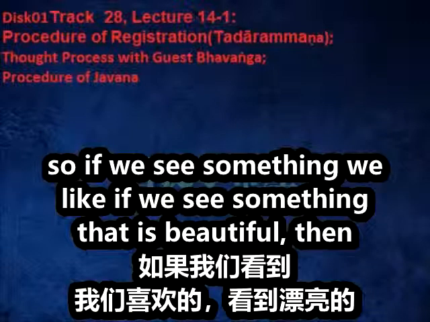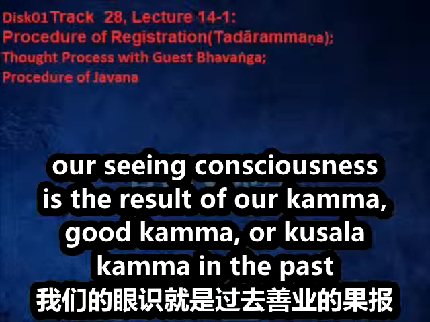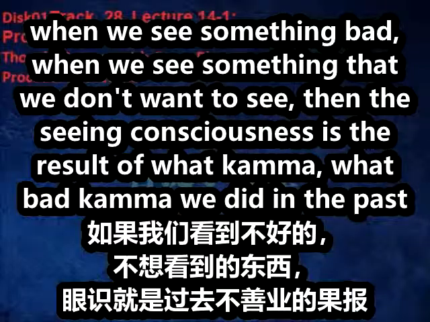So if we see something we like, if we see something that is beautiful, then our seeing consciousness is the result of our good karma or kusala karma in the past. When we see something bad, when we see something that we don't want to see, then the seeing consciousness is the result of what bad karma we did in the past.